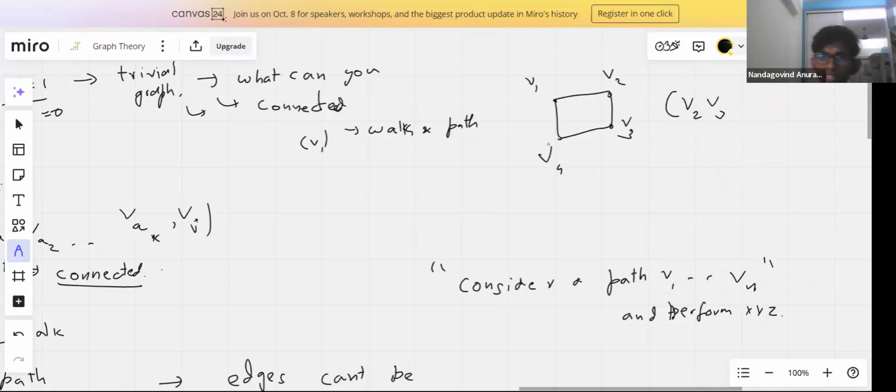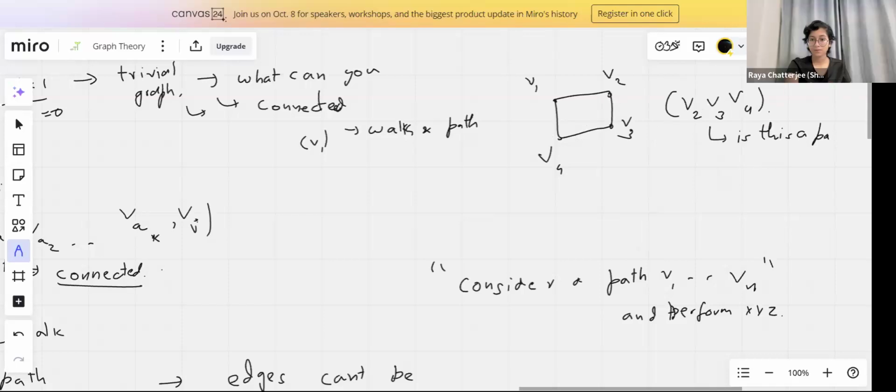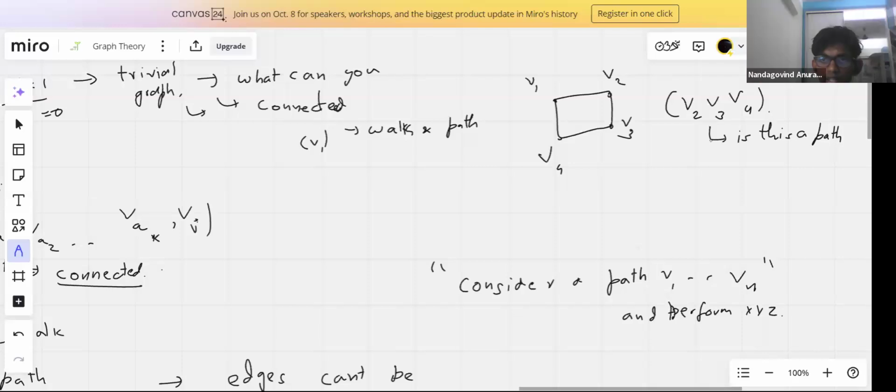It doesn't mean that V2 and V4 are adjacent. It means that there's a path from V2 to V4. So this means that V2 is connected to V4 and vice versa in an undirected graph.